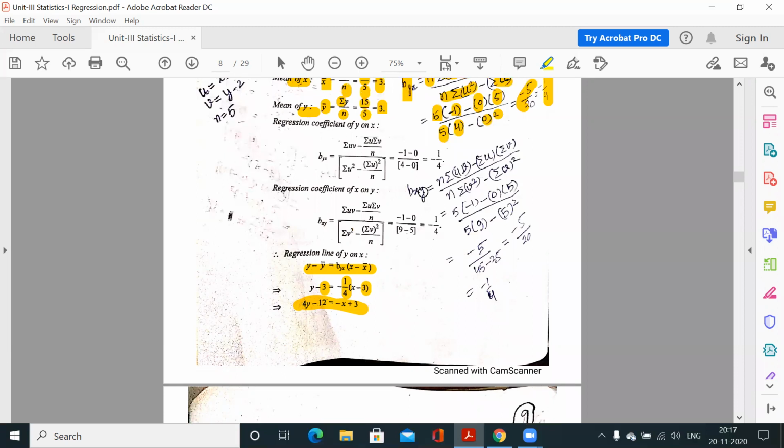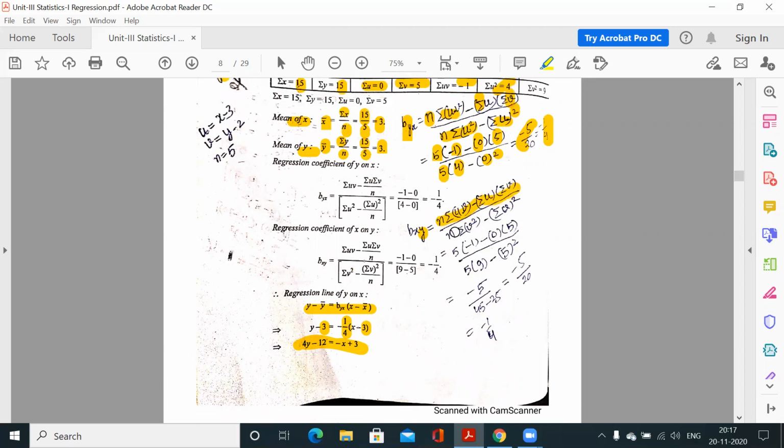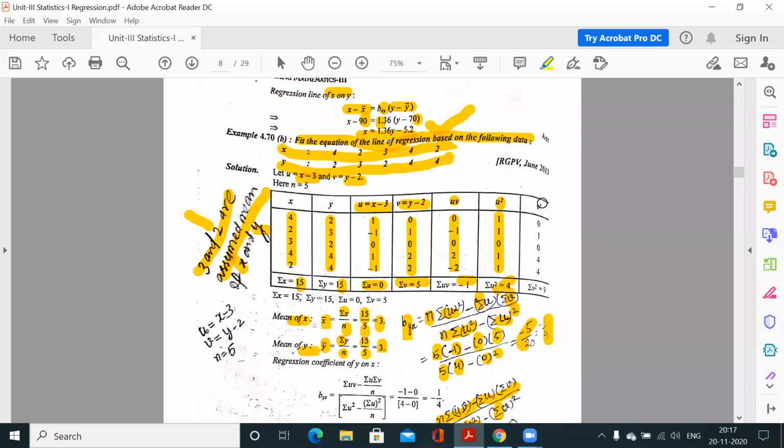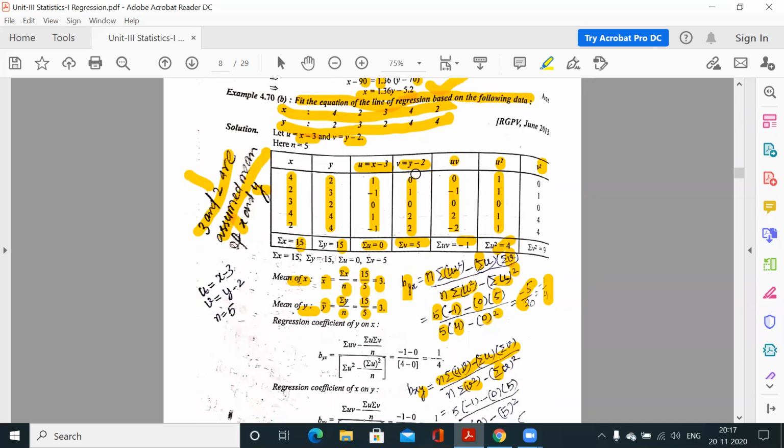So what is b_xy? The numerator is the same: n summation uv minus summation u summation v. Now the denominator is in terms of v: n summation v square minus summation v whole square. So v square we have to calculate. These are v values 0, 1, 0, 2, 2. So squares are 0, 1, 0, 4, 4.